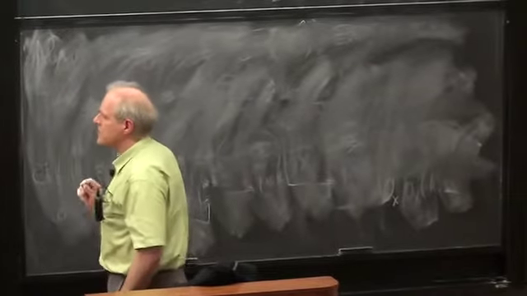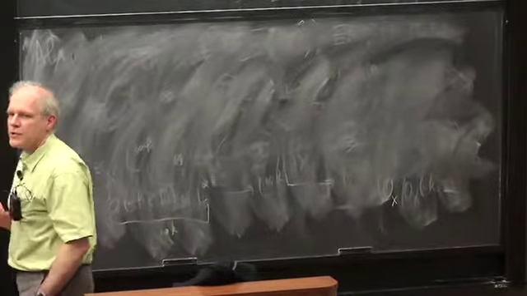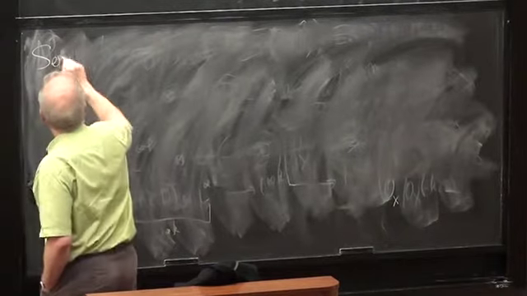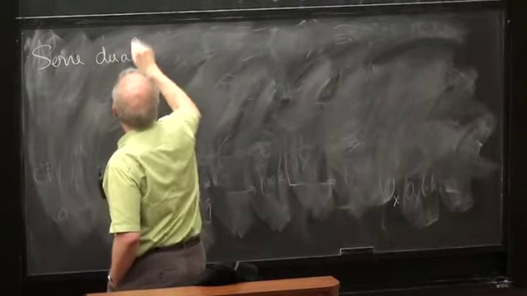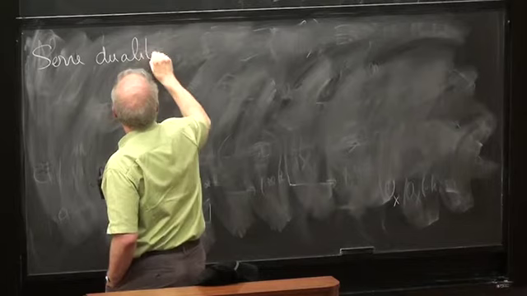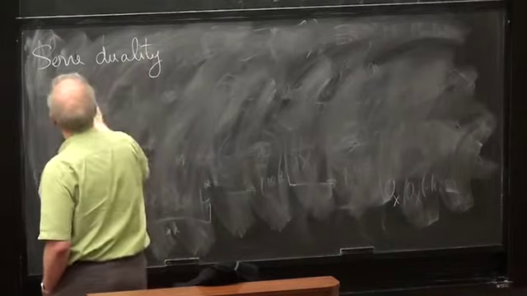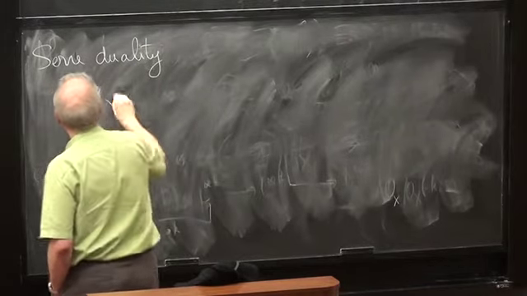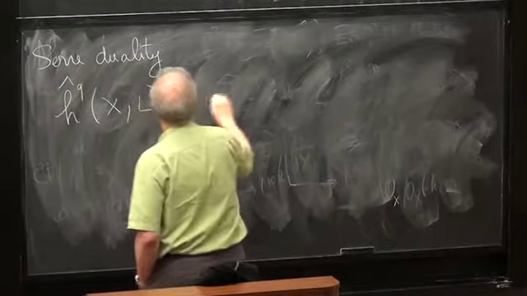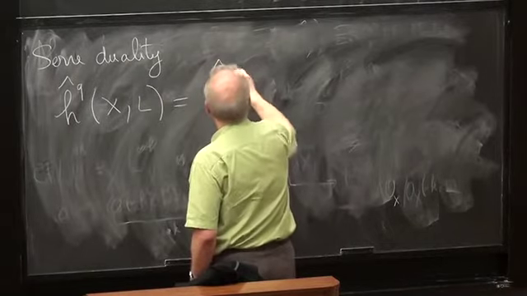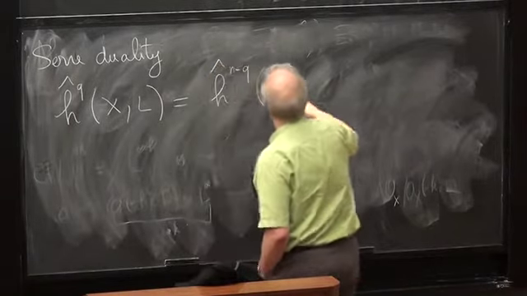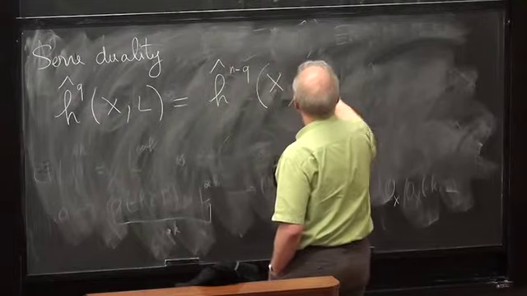Okay. First, of course, you have Serre duality. Namely that h hat q of X, L is the same as h hat n minus q of X, L^{-1}.